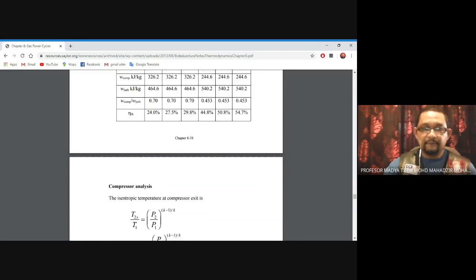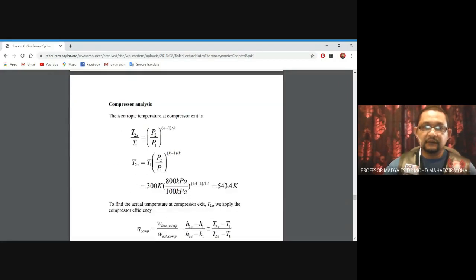Okay, from there, firstly, we do the compressor analysis. The compressor we assume as isentropic, so we can use the equation that relates temperature ratio and pressure ratio.